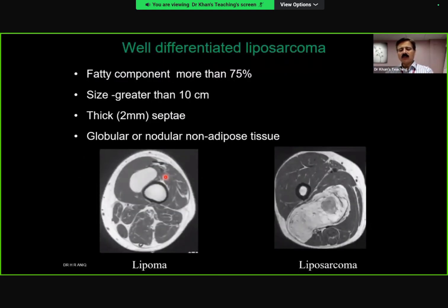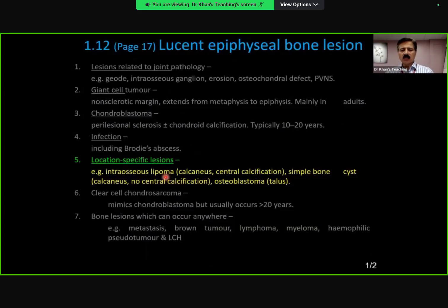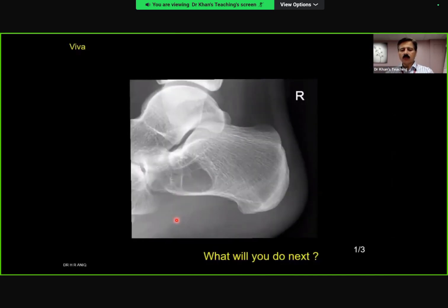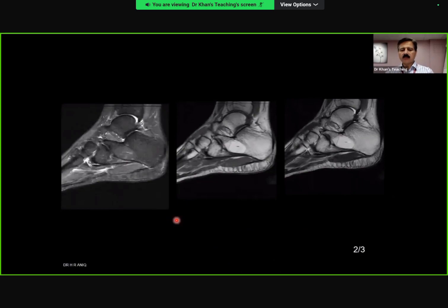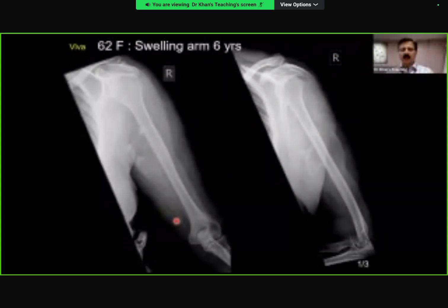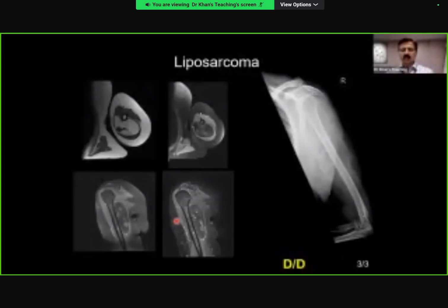Key point is that if a lesion is fatty and completely suppresses like this, we are happy that this is a lipoma, and we stop here. Some people give some weightage to a size criterion of more than 5, but we can stop as far as the malignant features are concerned.